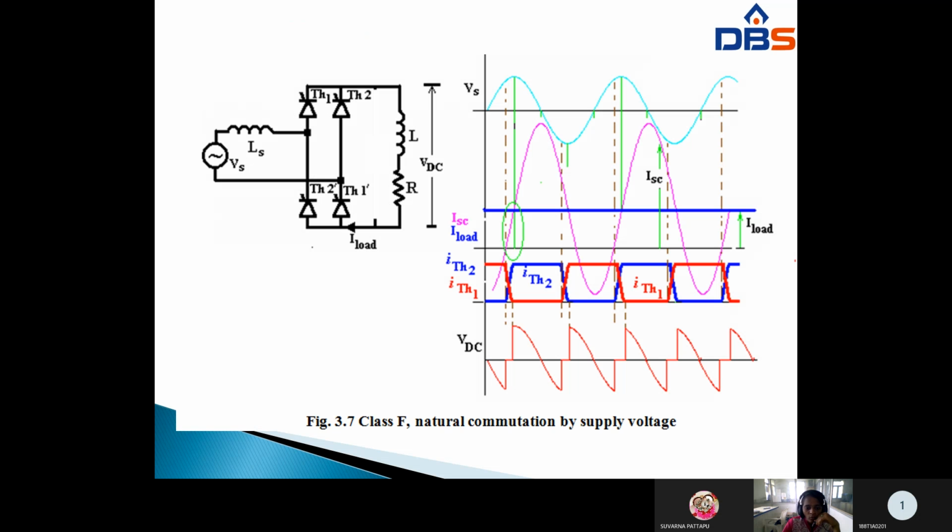So here this is class F, and it can also be called a single phase full wave bridge. Here 4 thyristors will be there, and the load will be inductance and resistance.